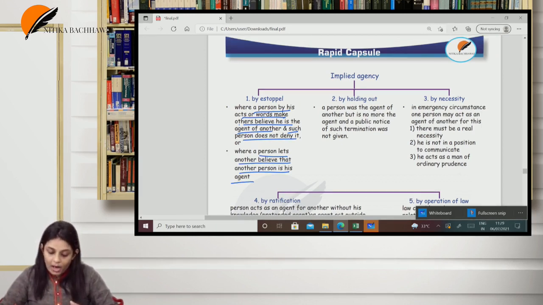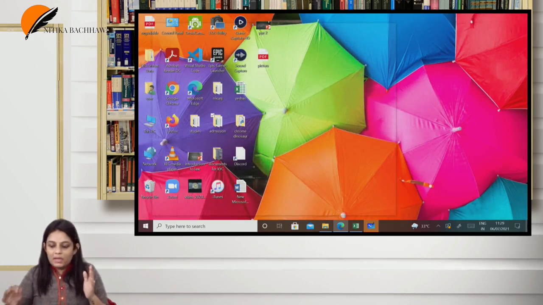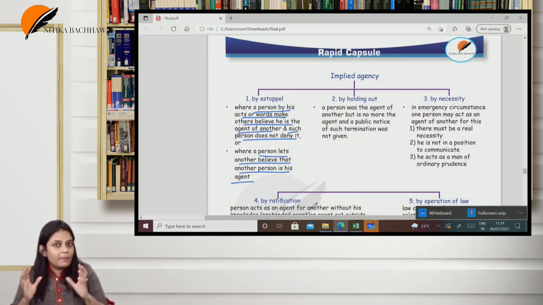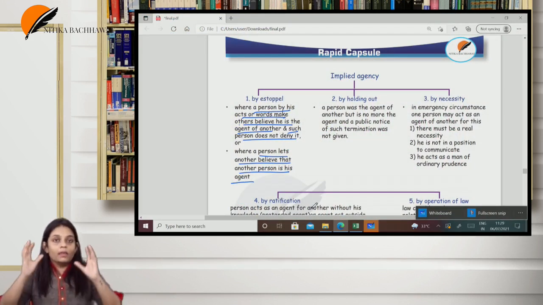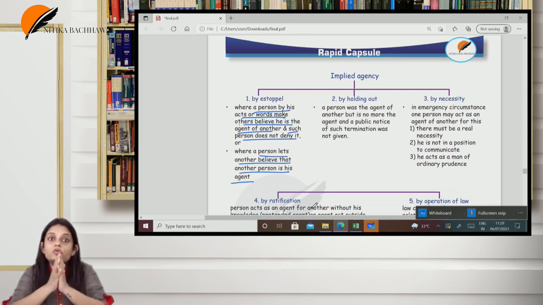The next one, agency by holding out. This is generally, you know what, people think estoppel and holding out is the same, but it is a little different. In estoppel, there is no agency relation at all. Whereas in holding out, there was an agency relationship earlier.